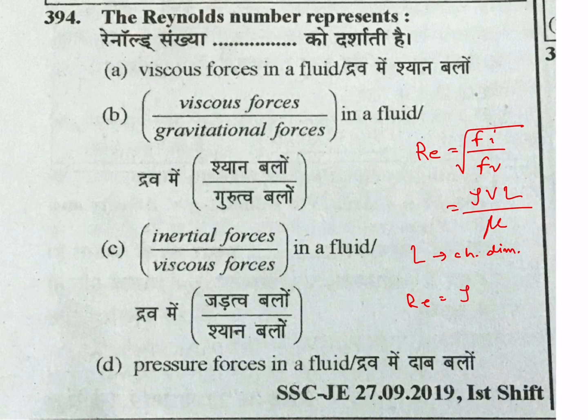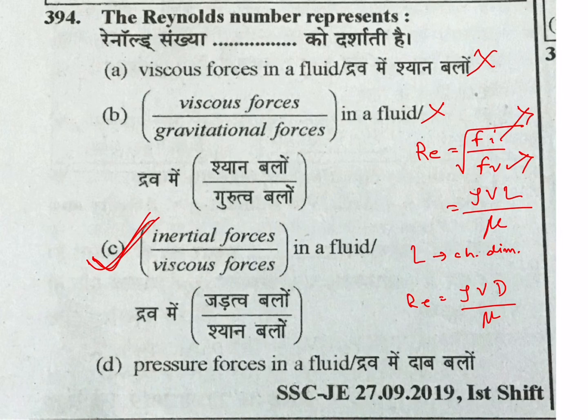R equal to rho V D by mu. So from options, viscous force in a fluid, viscous force to gravitational force, inertia force to viscous force, C is your correct answer. Inertia force Fi and Fv is your viscous force.